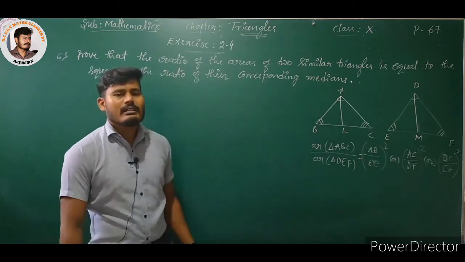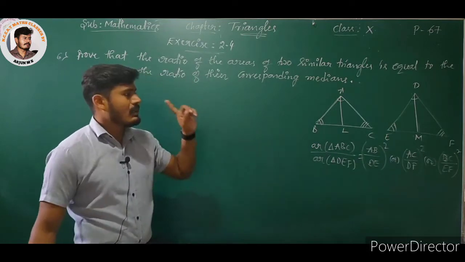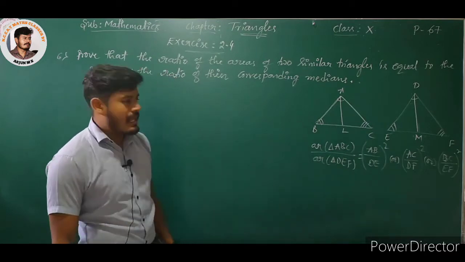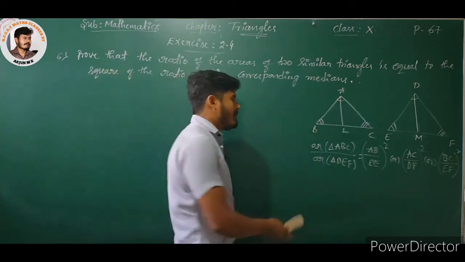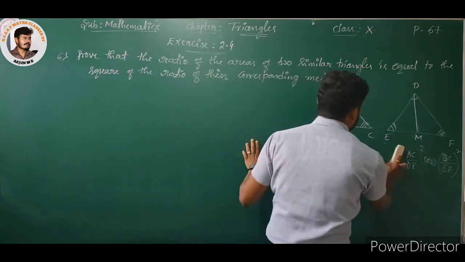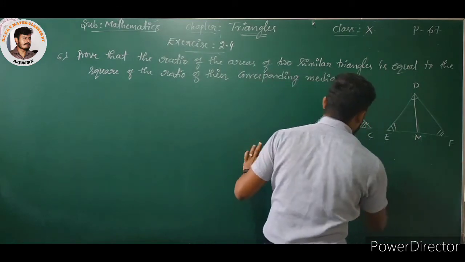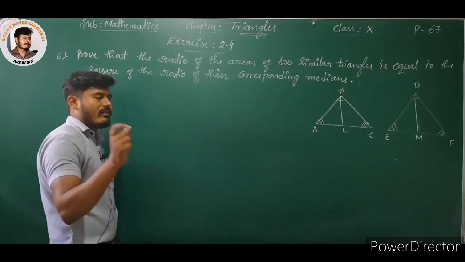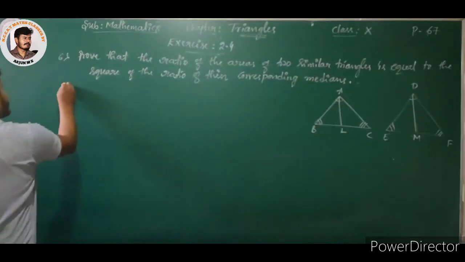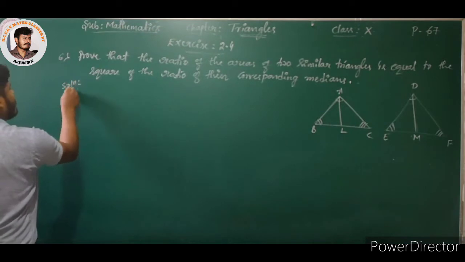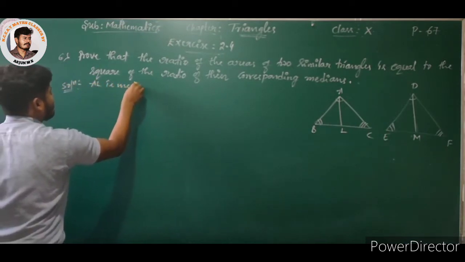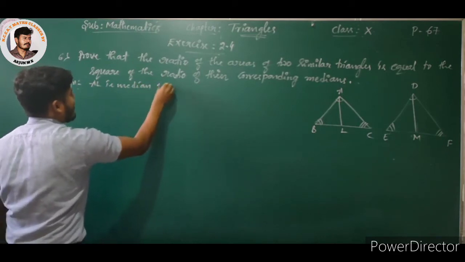Is it clear? That's all. Now we are moving on to the two triangles ABL as well as DME. Before going to those two triangles, let us first observe the given information. So, solution: AL is the median of triangle ABC.